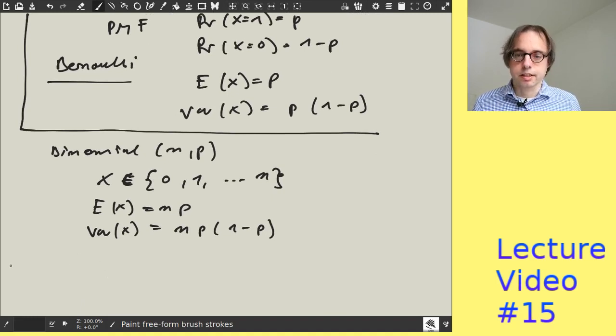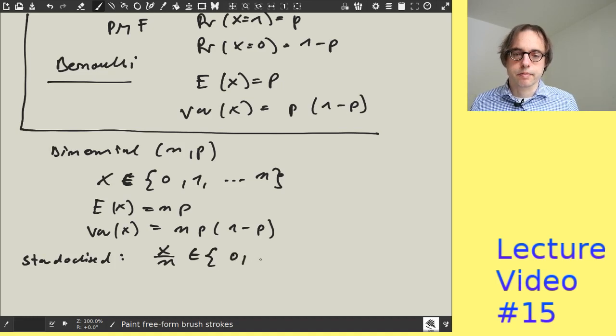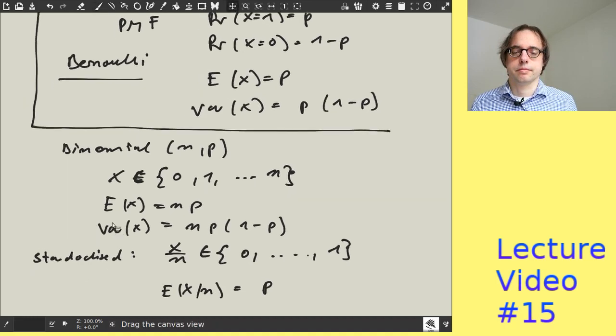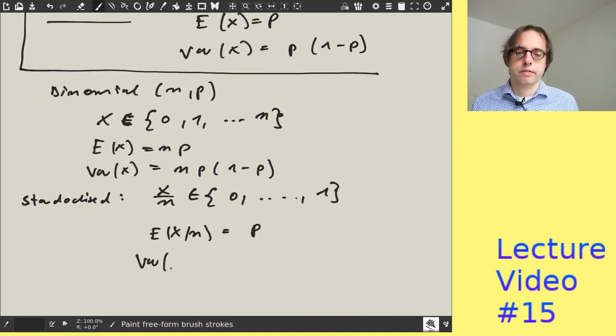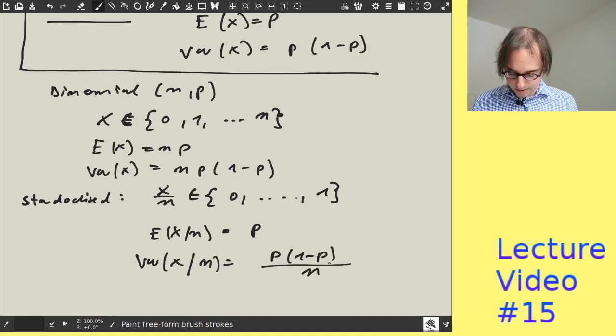And if we standardize this, we look at x over n, which is then something between 0 and 1, and E of x over n is p, and the variance of x over n is p(1 minus p) divided by n.